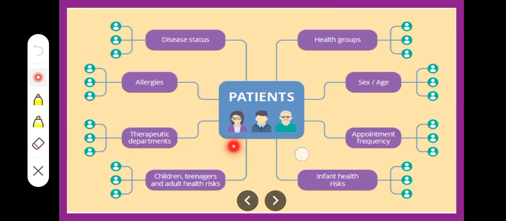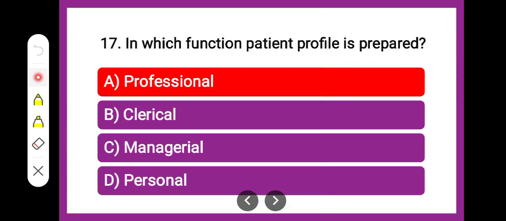If you see the patient profile, it talks about the age of that person, sex of that person, okay, the frequency of the appointment, then health group, which health group it is, whether children, teenager, adult, etc. Then what are the allergies, what are the disease states. All this is included in the professional profile. Okay, professional function, patient profile is prepared.